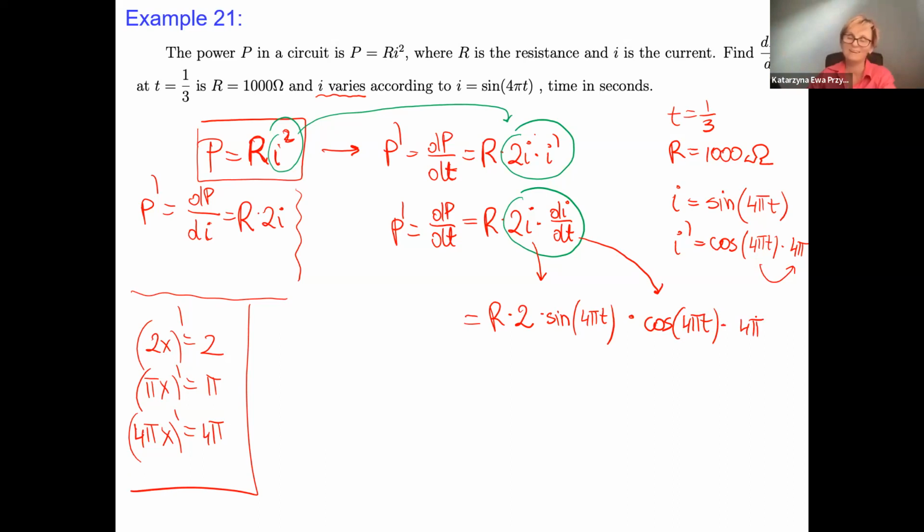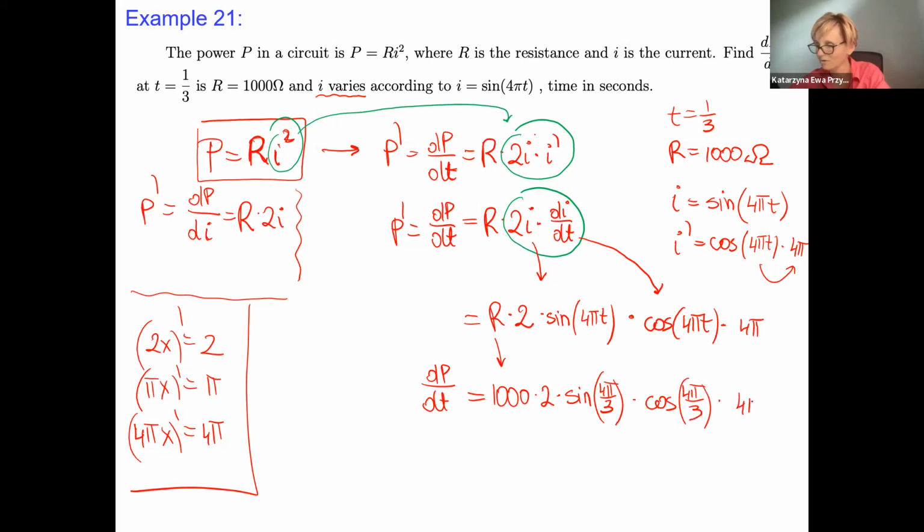That's the finished problem. Now we can substitute values. The derivative of the power with respect to time is 1,000 times 2, sine of 4 pi over 3 (time is 1/3), times cosine of 4 pi over 3, times 4 pi, which is 8,000 pi.